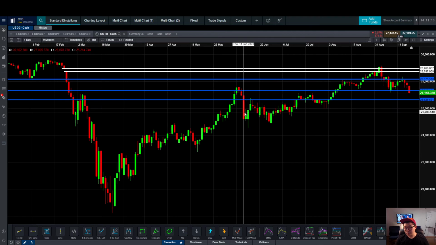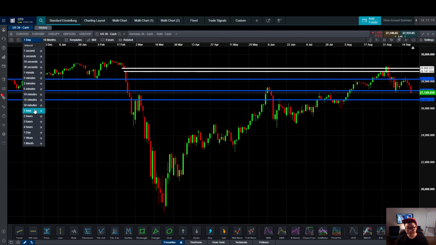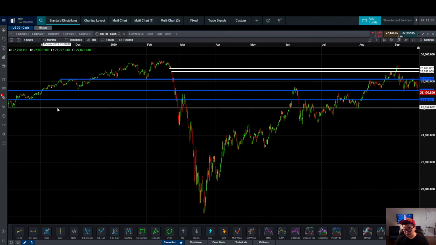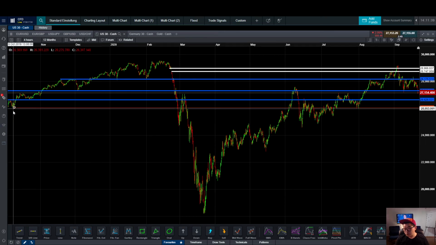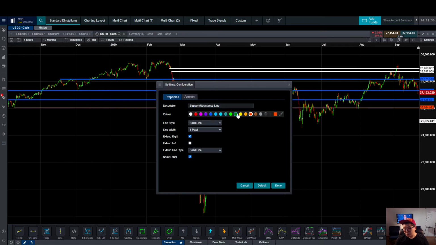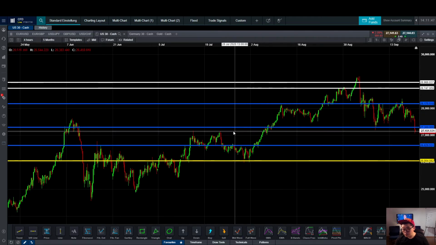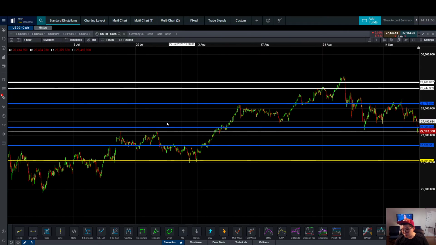Major bounce offs, but we're going to leave this for the 4-hour chart to have a better view of the areas. Okay, make it yellow.